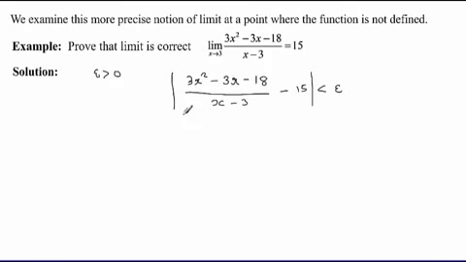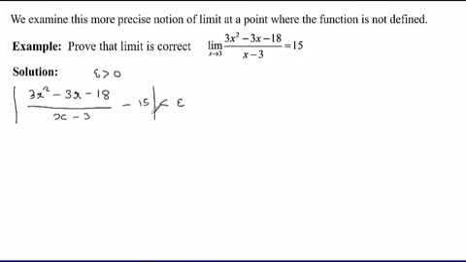Now, simplifying this expression, maybe let's shift these things a bit. Then we can start playing around with this expression, manipulating it to see within what distance we can take the values of x so that we are guaranteed of the values of the function being less than epsilon from 15.